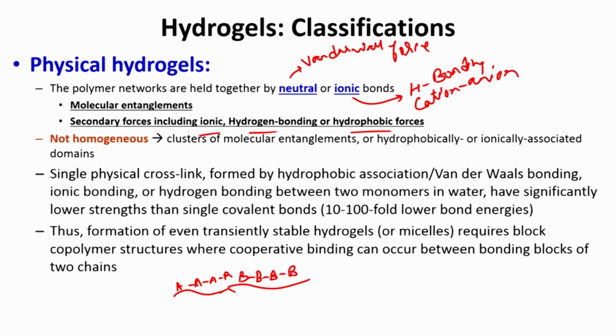If I have these, and there could be multiple chains of these, it is easier for them to come together. Because A can roll around and interact with the B here, there are lots of interactions, and they tend to form better physical hydrogels than the individual units, and that is how these will be much more stable.